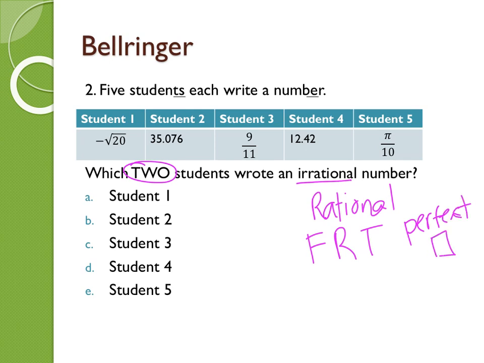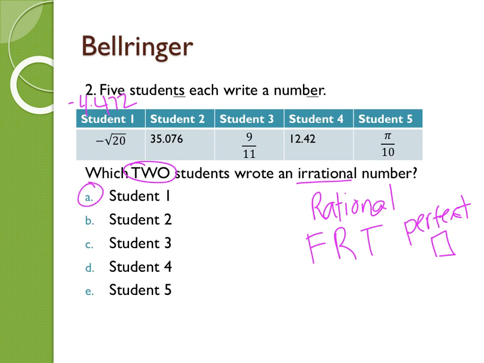Okay, so I'm looking at student number 1, negative square root 20. So I'm going to do negative square root 20 in my calculator. And I get negative 4.472. So that is not a perfect square. So I know student 1 wrote an irrational number.